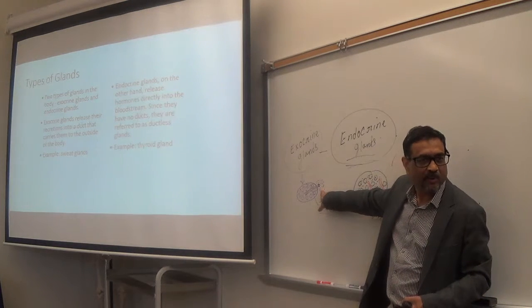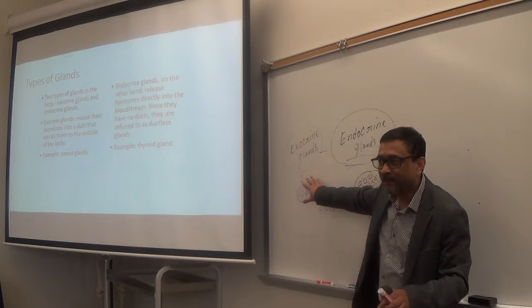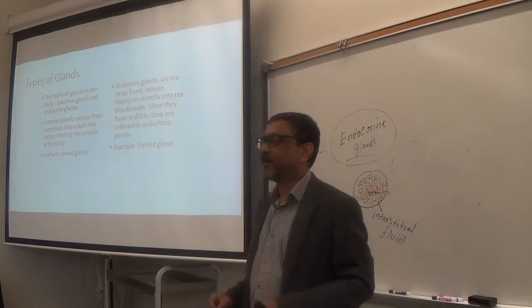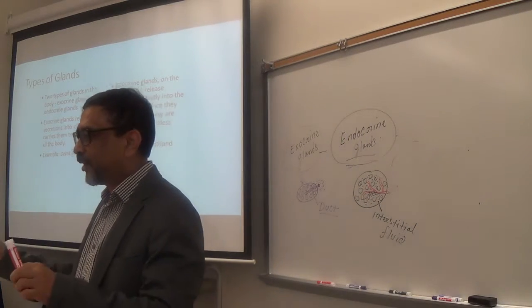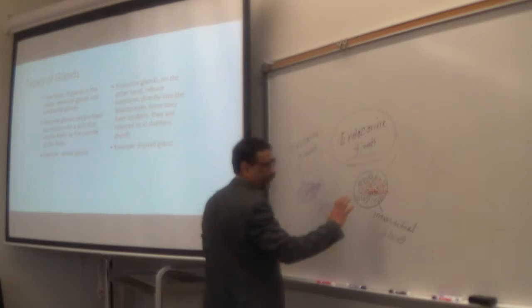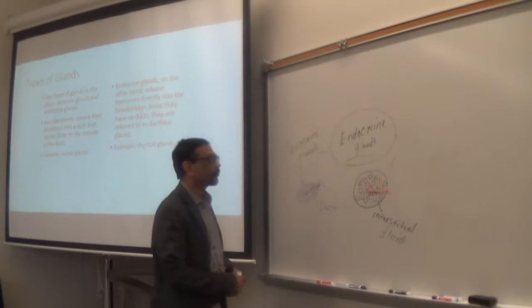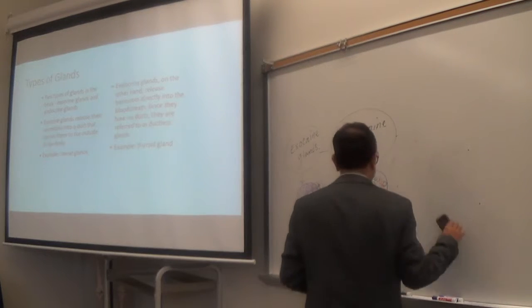Just outside of the gland, because it's not going to the blood. In case of endocrine, since it goes to the blood, the action is widespread and the target could be far from the gland. Okay? So those are the differences.